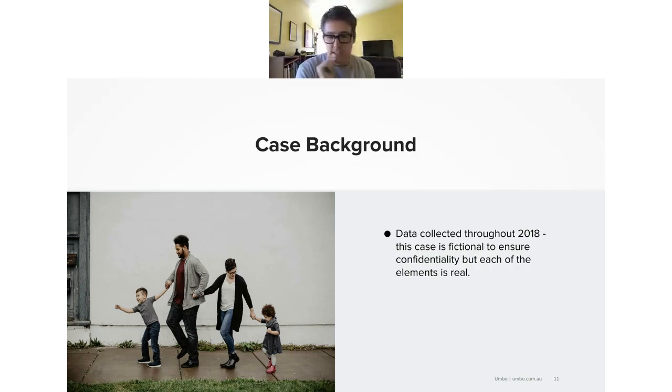So this is the case that we'll talk about, and for a little bit of background, this is a case about someone I'll call Amelia. Amelia is not an exact case study from my PhD, but very similar in a lot of regards. I haven't used a specific case study for privacy reasons. I've taken a couple of elements from some of my clients and a couple of elements from this other client to put this case example together.